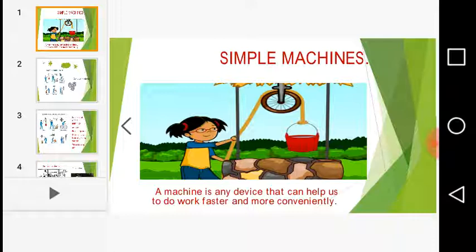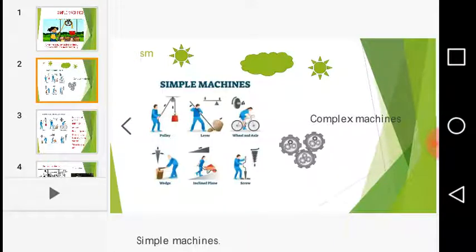Basically, there are 6 types of simple machines. Simple machines are grouped into 6 types, and they are the lever, the pulley, the wheel and axle, the inclined plane, the screw, and the wedge.